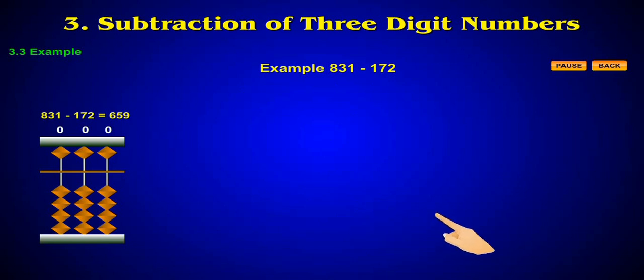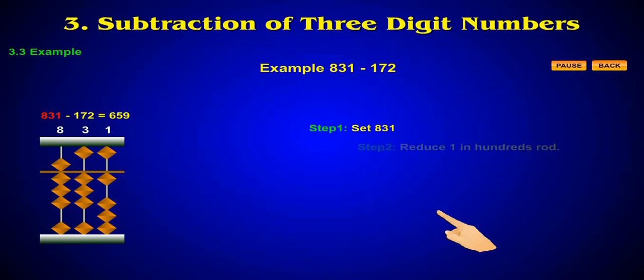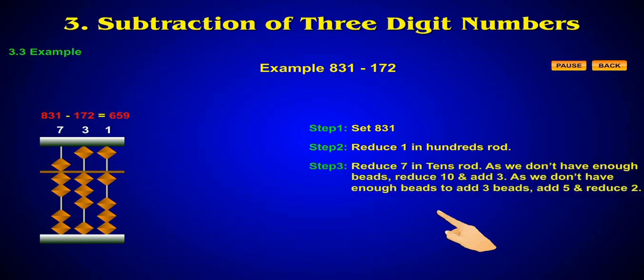Example: 831 minus 172. Step 1. Set 831. Step 2. Reduce 1 in hundreds rod. Step 3. Reduce 7 in tens rod. As we don't have enough beads, reduce 10 and add 3.